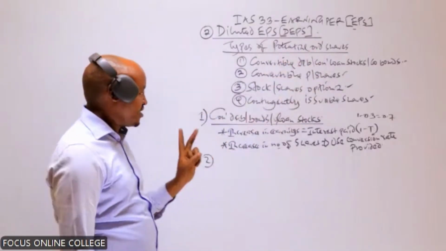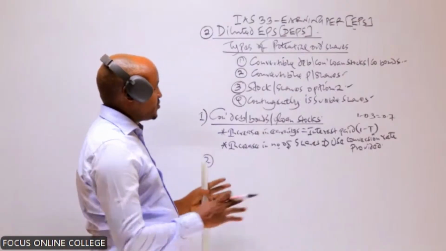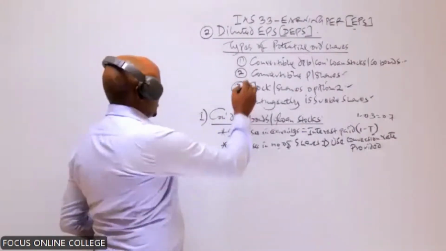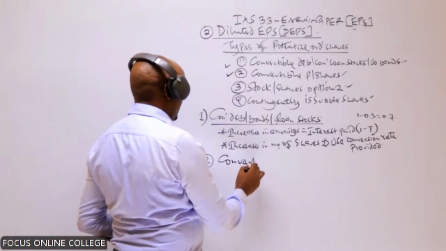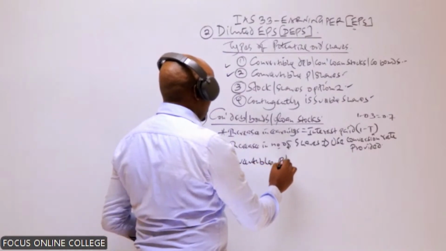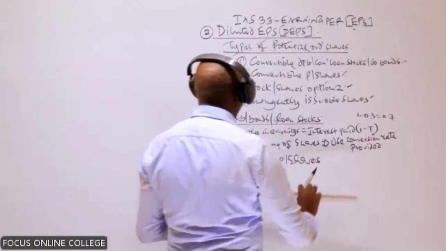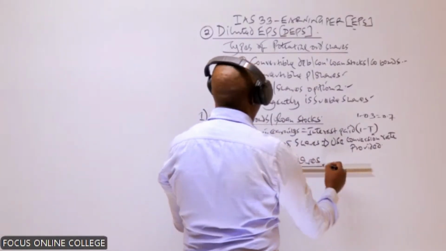So it is important for you to note that, because the majority of students tend to confuse the two standards. So let's look at convertible preference shares. These are preference shares which can be converted into ordinary shares.